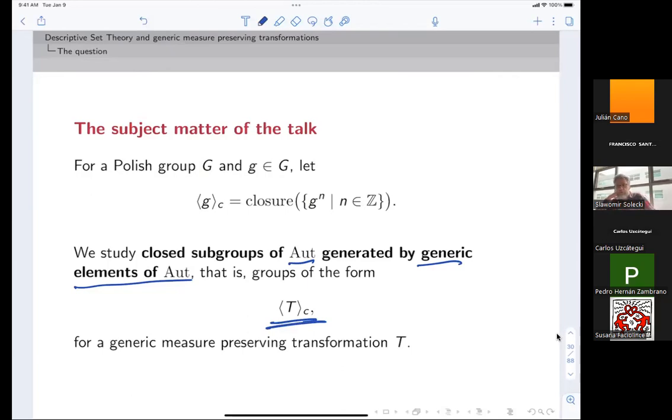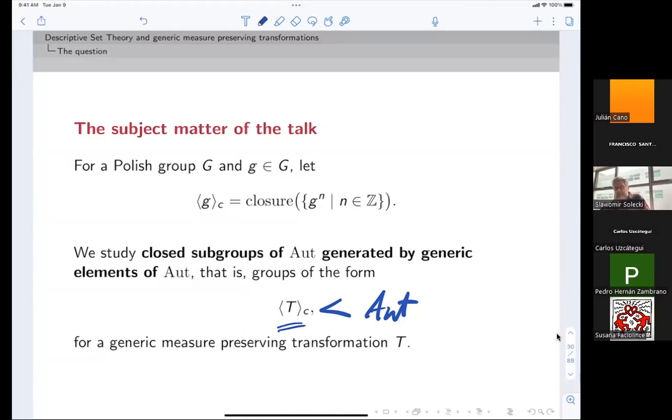So for every element T in Aut, one can look at this closed group. This is a closed subgroup of Aut, and one can ask about properties of this closed subgroup of Aut.